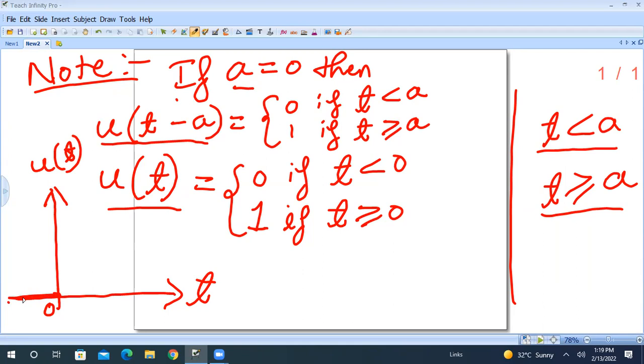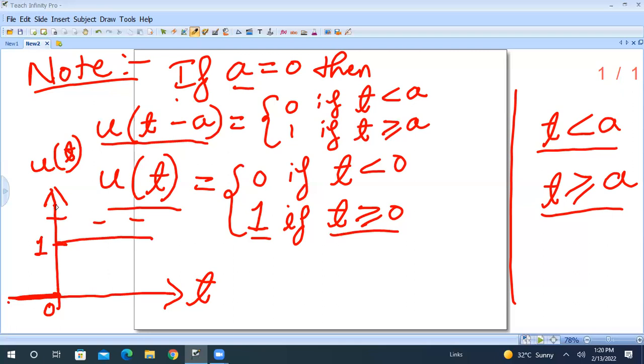As usual, 1 if t is greater than or equal to 0, so let us consider here a 1 point. So when t is greater than or equal to 0, the points shift up. We are assuming only 1 here, 1 if t is greater than or equal to 0.